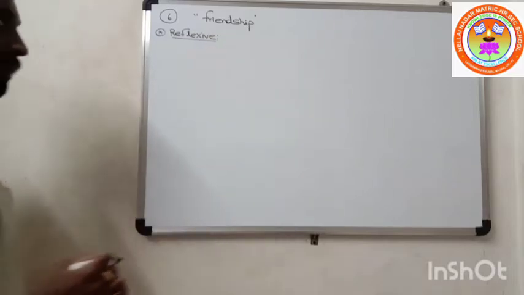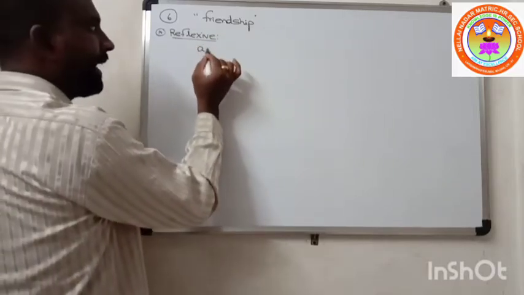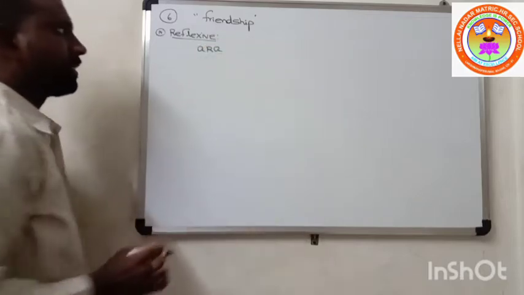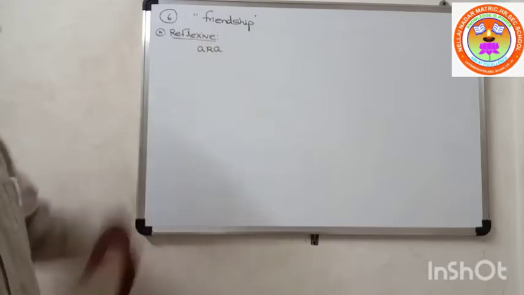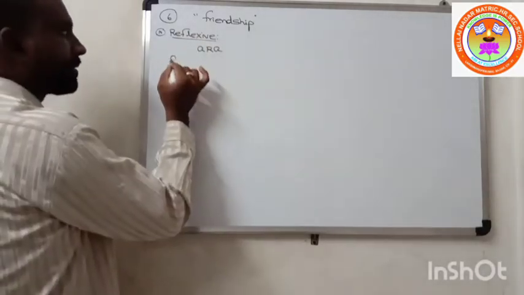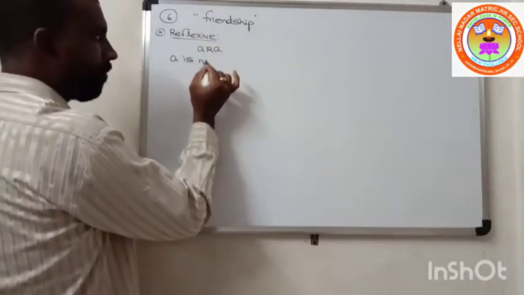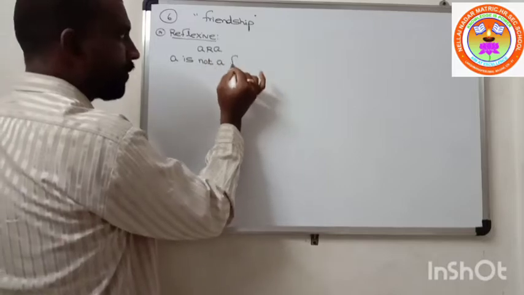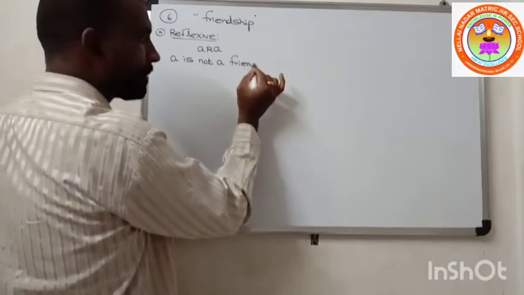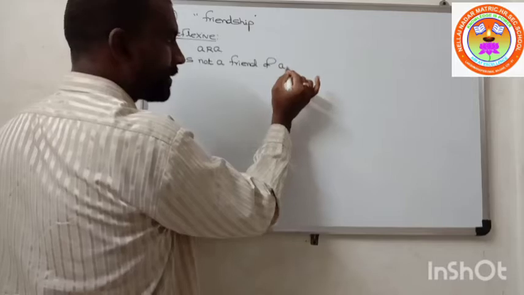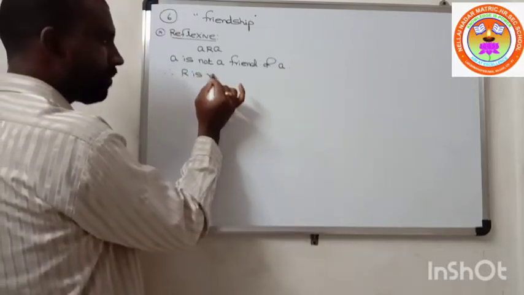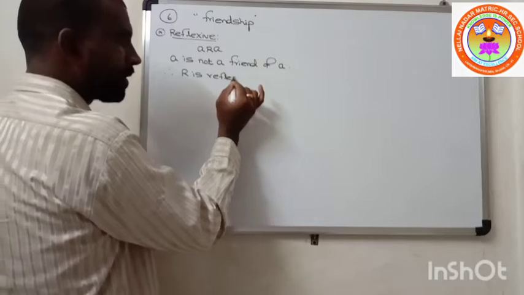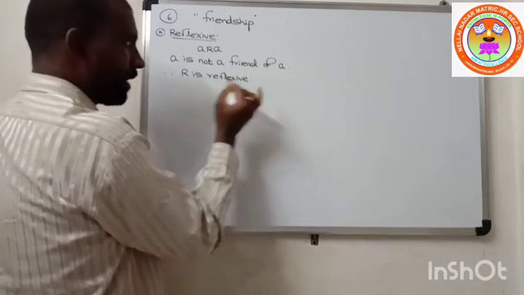Only one person you take, A related A. A is not a friend of A. Therefore, R is not reflexive.